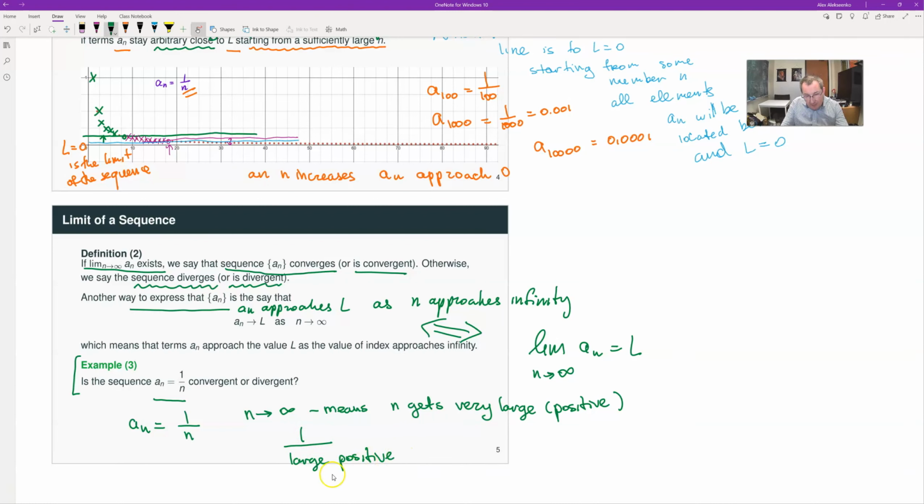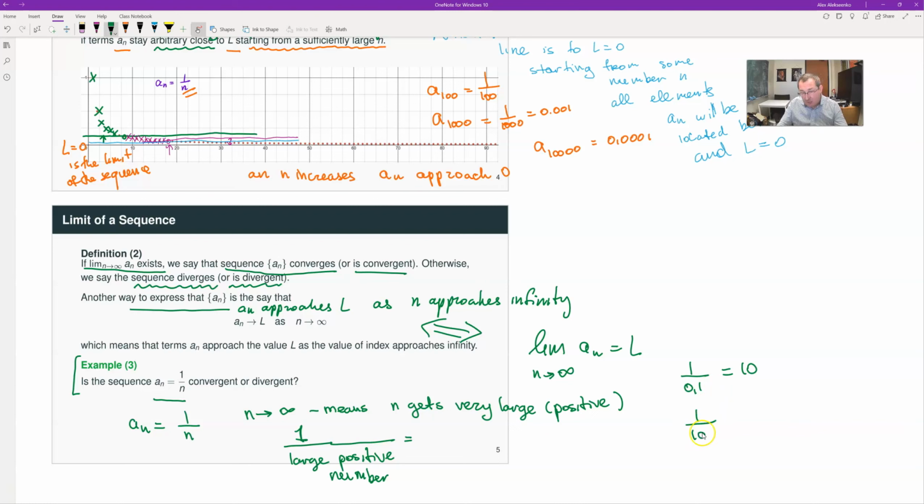So we are looking at the result of taking 1 and dividing by a large positive number. Well, what would that be? Let's take a look. If I take 1 and divide by 0.1, I get 10. But 0.1 is not a large number. It's actually a smallish number.